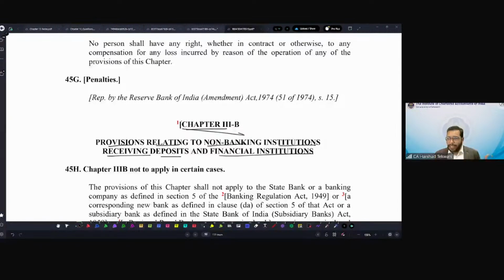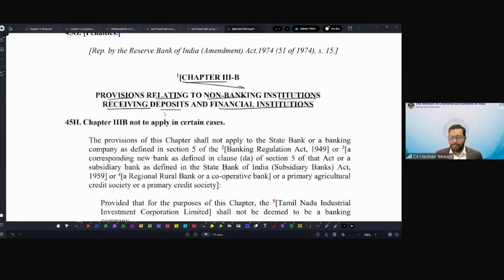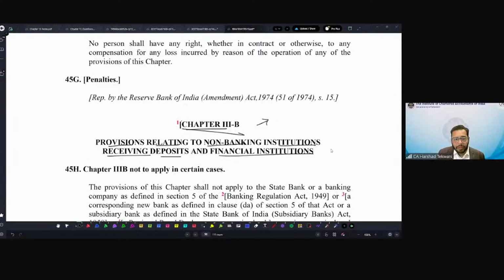Now, what this chapter says, I'll not go line by line or section by section, but primarily this chapter provides you what is NBFC and their NOF requirement.